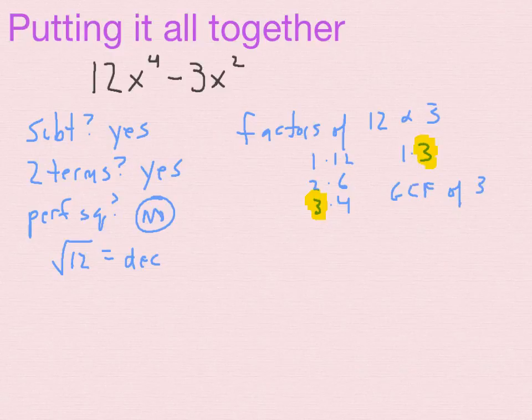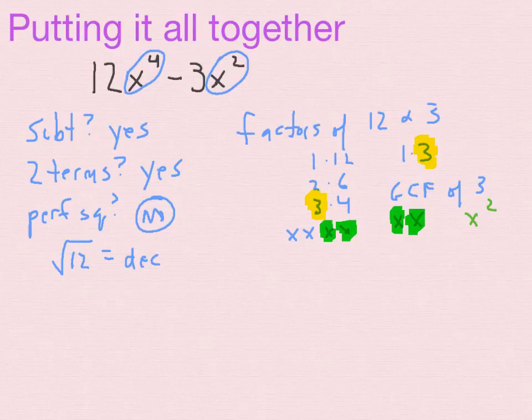But I also notice up here that we have x to the fourth and x squared, which means we've got 4 x's and 2 x's. So if we look at what's shared here, I've got x and x. So I also have a GCF of x squared.